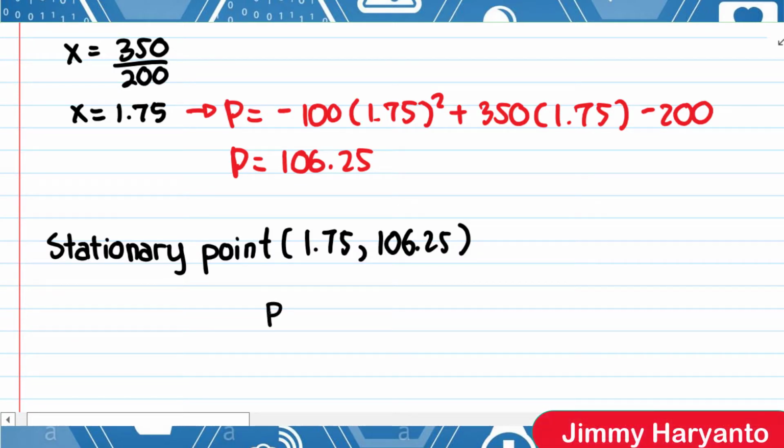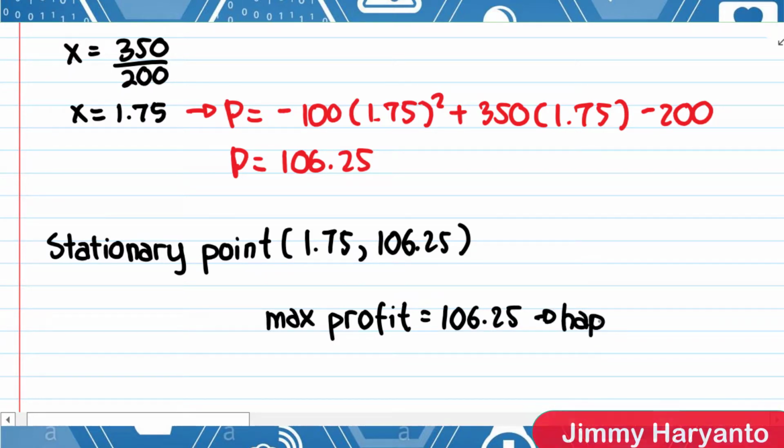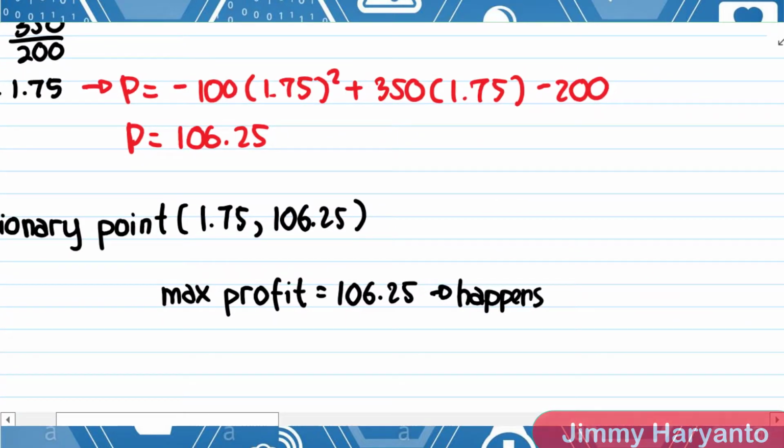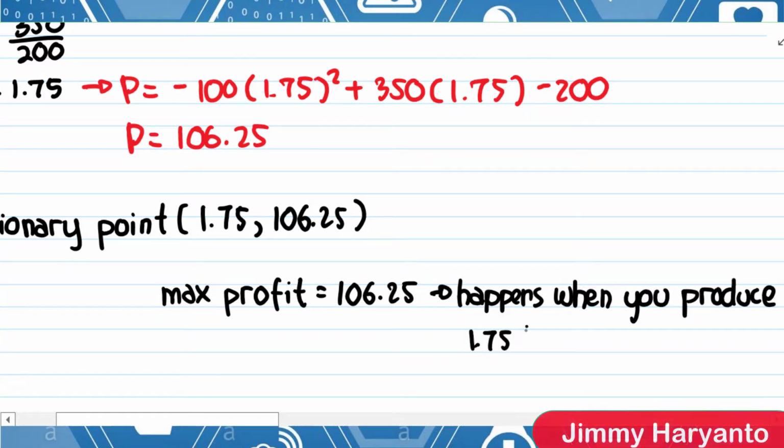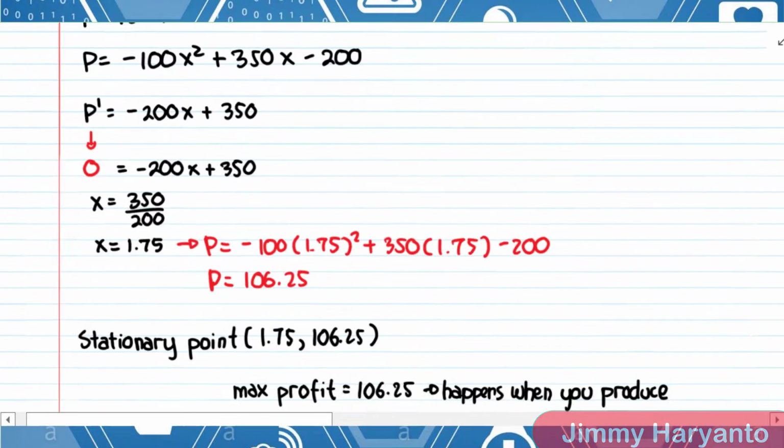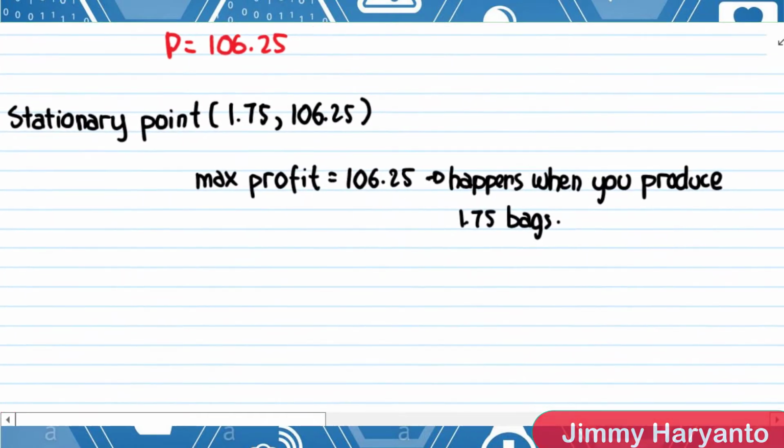That means the maximum profit will be 106.25, and it happens when you produce 1.75 bags. Of course this one is not applicable because bags cannot be decimals.